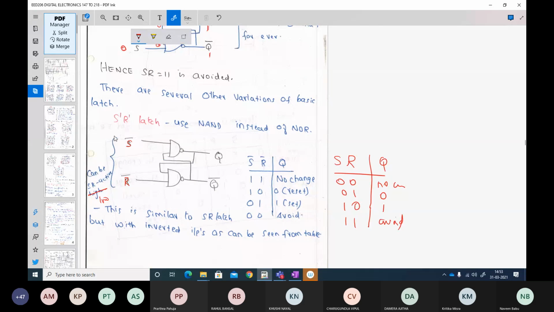Their inputs will also get complemented and your truth table will get reversed, which means you have to avoid 0 0 when you are using a NAND gate. And for 1 1, you will have no change. When it is 1 and 0, it is a reset state. And when it is 0 and 1, it is a set state. So this will become a NAND gate latch.